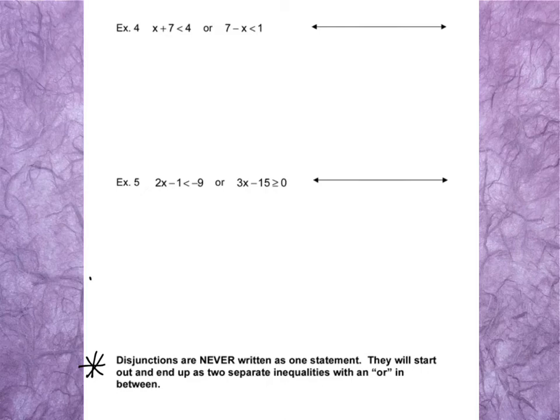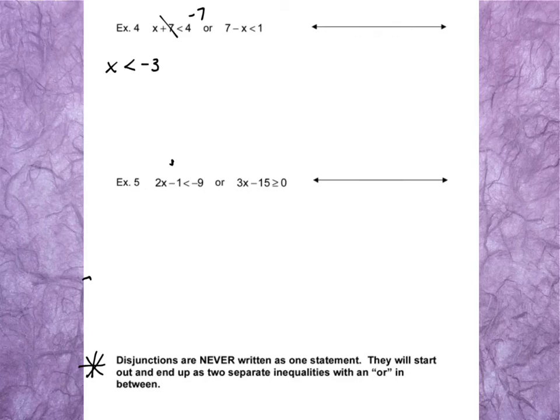Subtract 7 across here, and you're going to have x is less than negative 3.